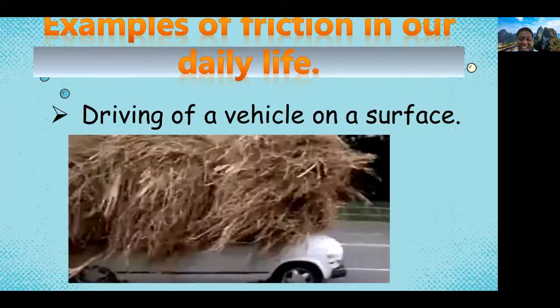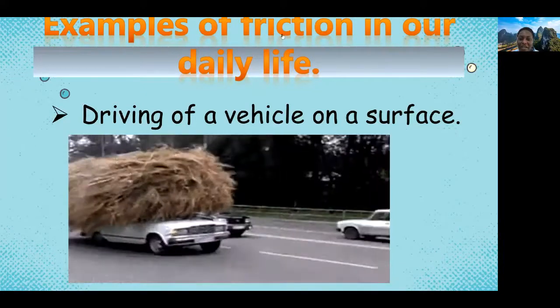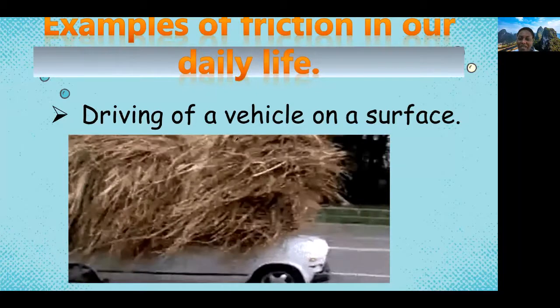This is a vehicle. You don't see a vehicle in my picture. You are now joking. This is a vehicle. This is a straw. This is not a straw.